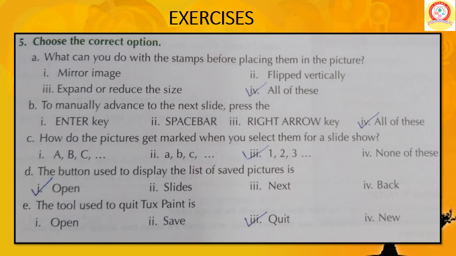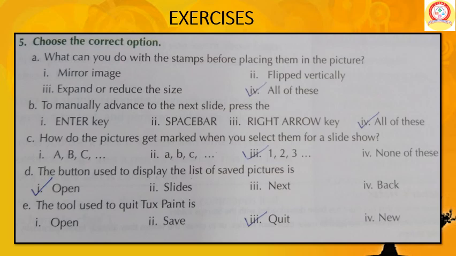C. How do the pictures get marked when you select them from a slideshow? 1, ABC in alphabetical capital letters; 2, in small letters abc; 3, 1 2 3; 4, none of these. So it's option 3, 1 2 3.